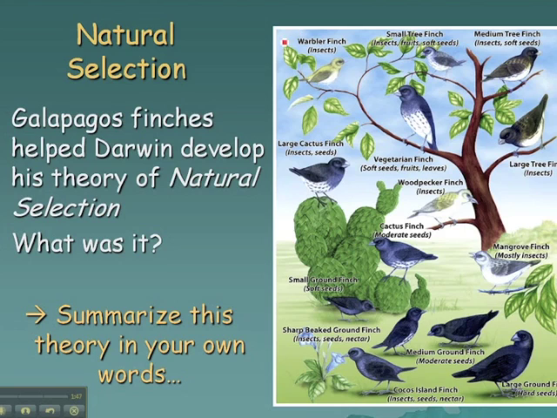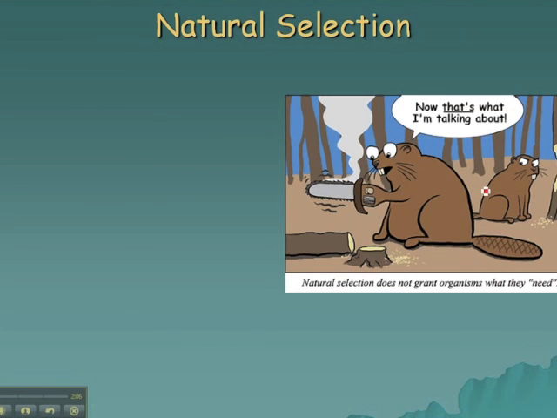Darwin's example of finches right here is a great example, because his idea was that you started off with one type of finch, and through natural selection many types of finches developed, and they all eventually became their own species. Okay, so what are these ingredients that I'm talking about?